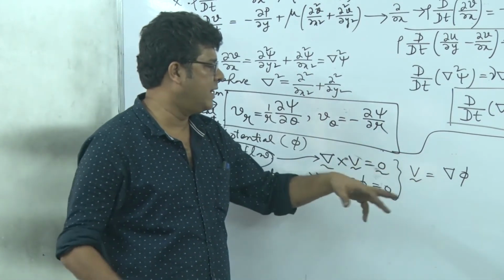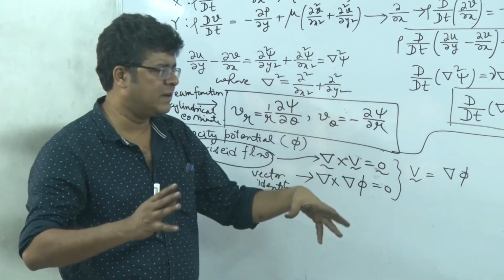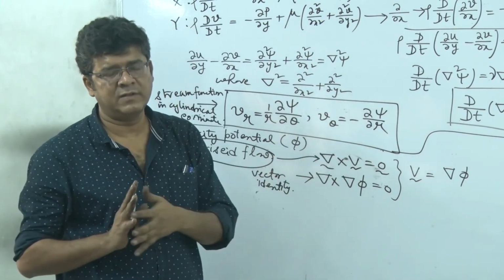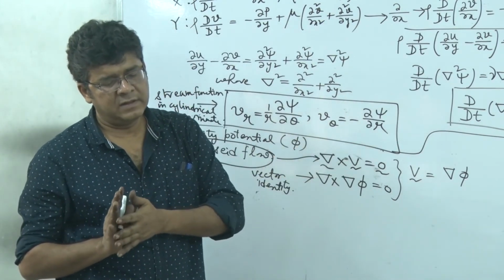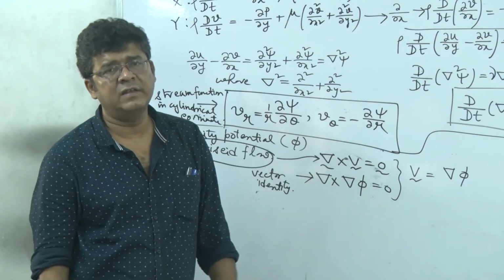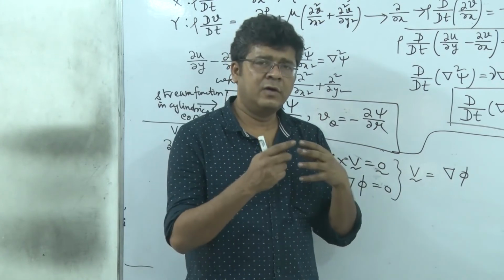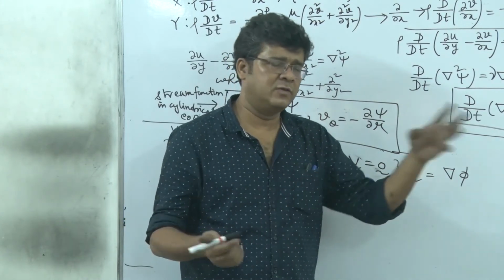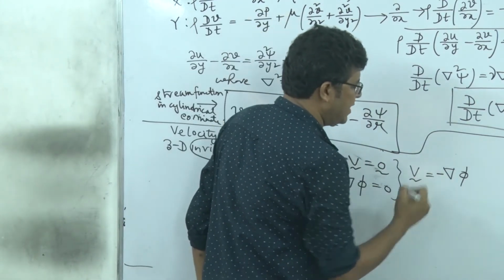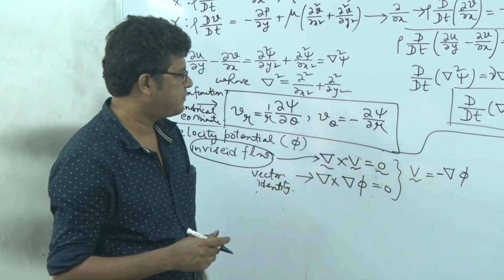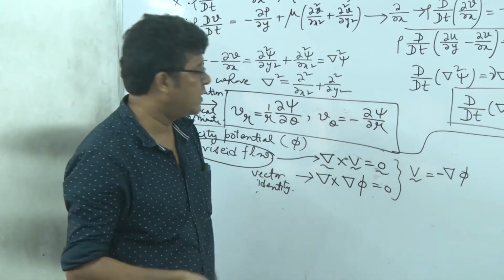So here we will think that the reason for velocity is the velocity potential. The fluid moves because there is heterogeneity in this velocity potential field of the function phi. And it's moving from high potential to low potential, so we'll forcibly put a minus sign, right? And this is physically justified.